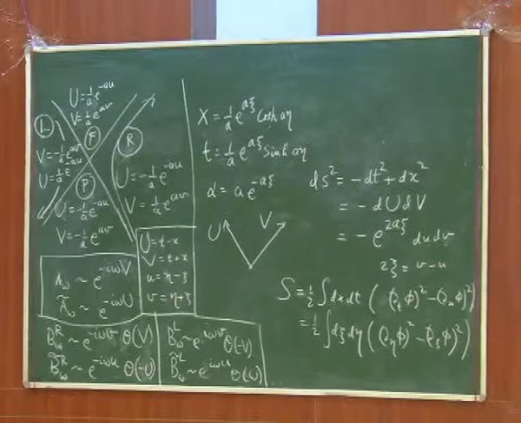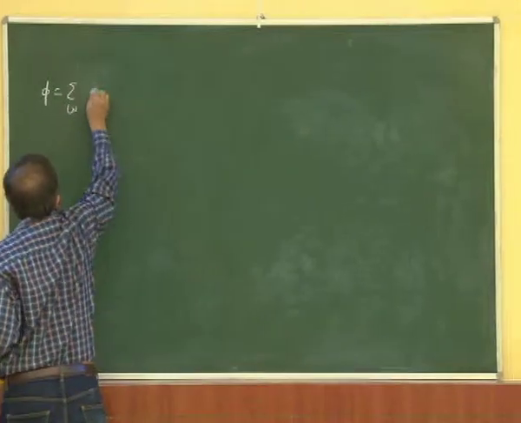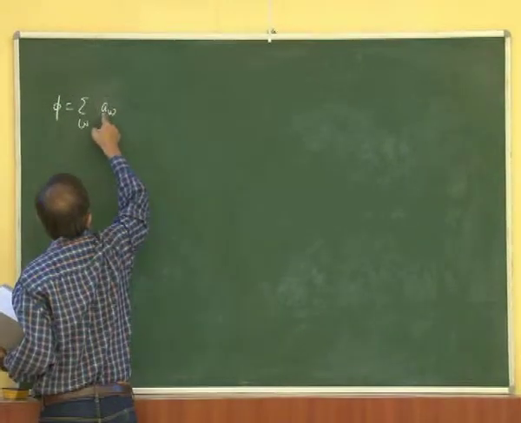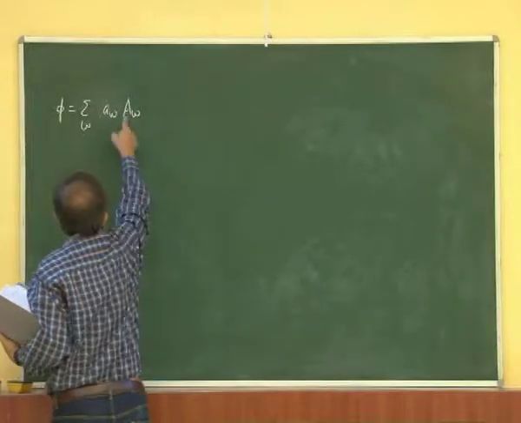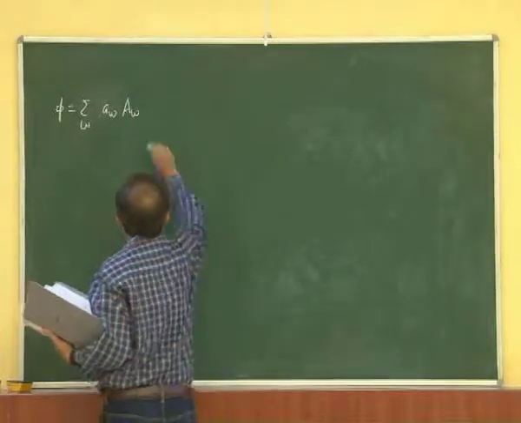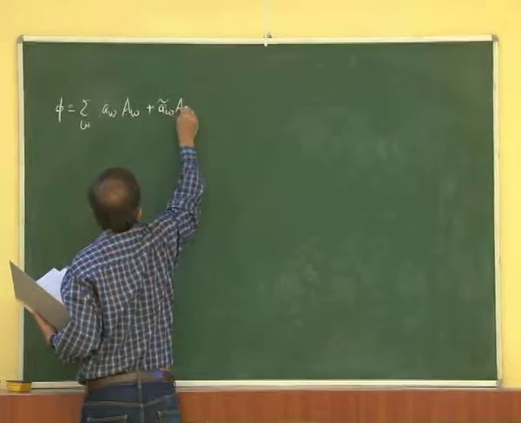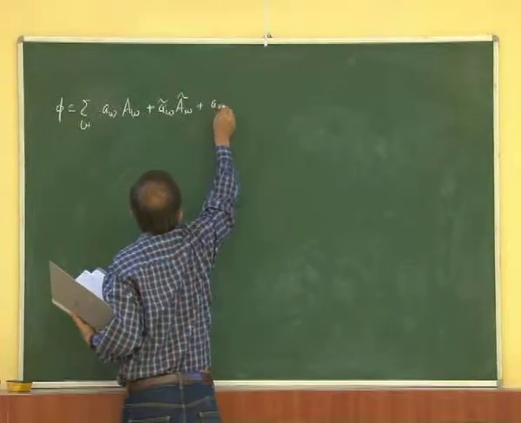So with this, we can now write down the oscillators. Oscillators will be denoted by small letters and the mode functions will be denoted by capital letters, and they are complex conjugates.